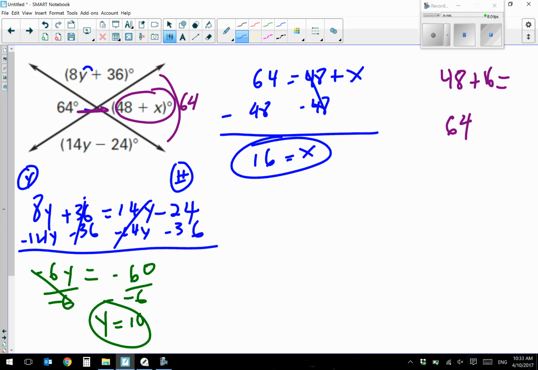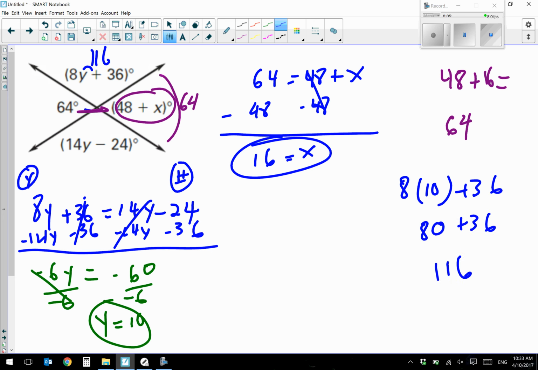So this angle is 64. I can plug y back in to find the y measure. So 8 times y, y is 10, plus 36. 8 times 10, 80, plus 36 is 116. So I know that's 116. If that's 116, the bottom one must be 116. So that's how you do it when they have all four angles labeled. You have to find all four angles.